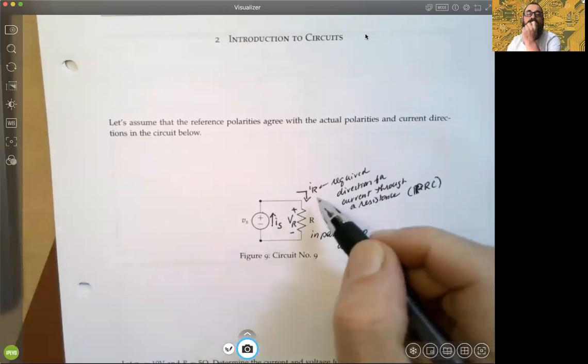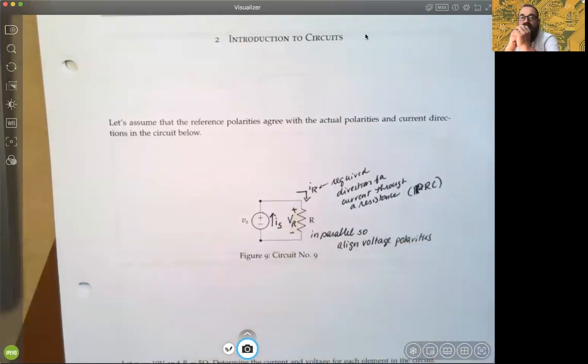That means the current must flow into the positive pole of the voltage associated with that resistance. So let me say that again. When you're assigning the reference direction for the current flowing into a resistance, make sure it's flowing into the positive pole of voltage for that resistance, okay? Energy has to be absorbed. Power must be positive, okay?